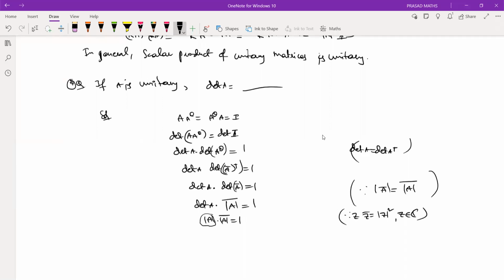That means modulus of det A whole square equals 1. Since modulus cannot be negative, modulus of det A equals 1.